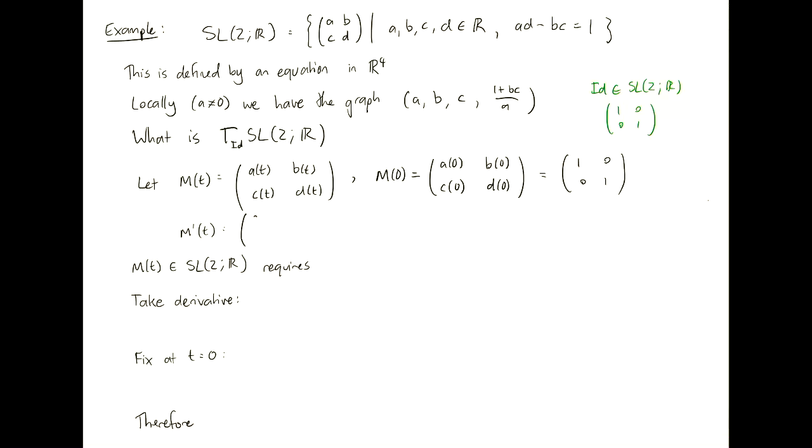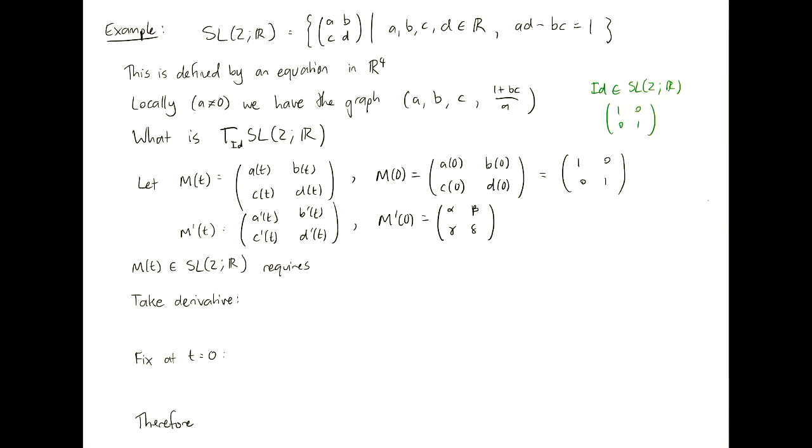So it's A dashed of t, B dashed of t, C dashed of t, and D dashed of t. And we're going to say our curve is completely arbitrary, so we don't know anything other than the fact that it lives in SL2. So I'm going to say whatever its derivatives are, they're alpha, beta, gamma, delta. I don't know what they are. Different curves could have different values.